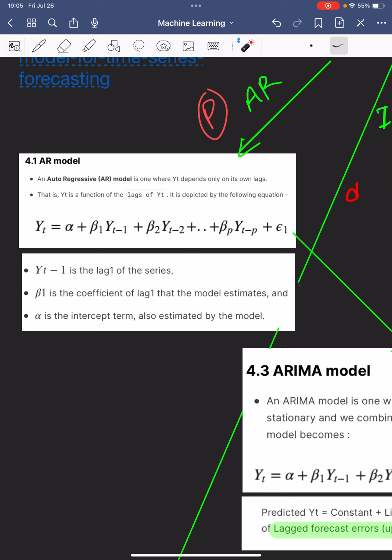So this becomes a linear regression model whose predictors are its lags only. Here p is the parameter that decides up to what lag we want to build the AR model: lag 1, lag 2, up to lag p. And we have some coefficients on the lags, alpha is the constant, and then we add error terms, right?